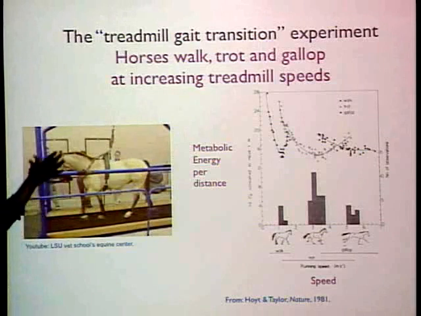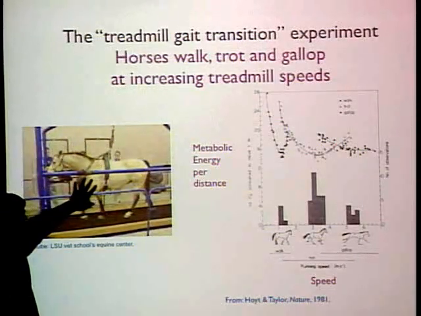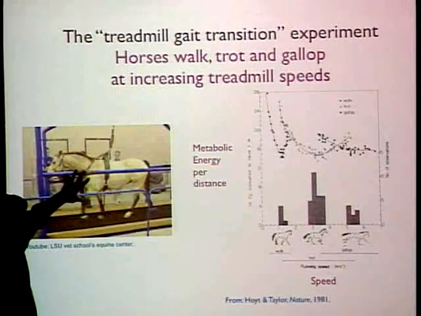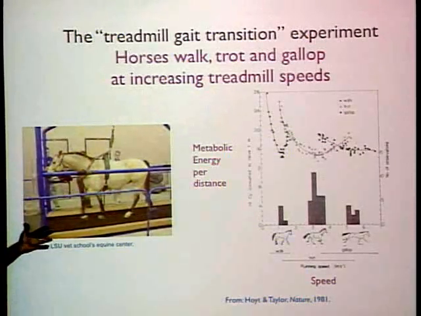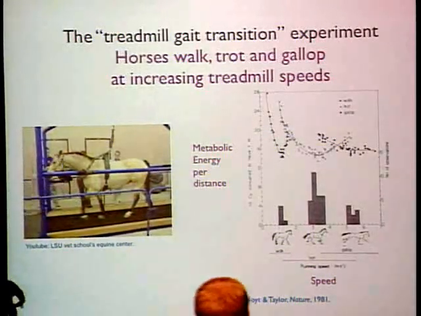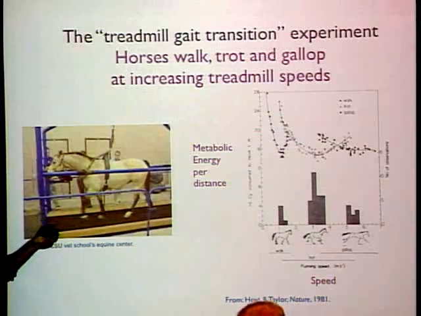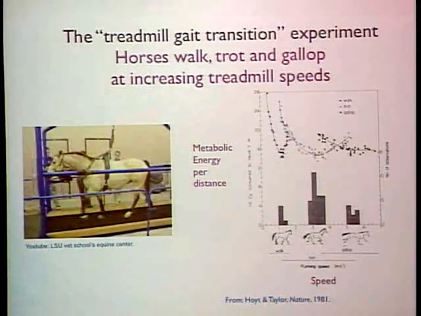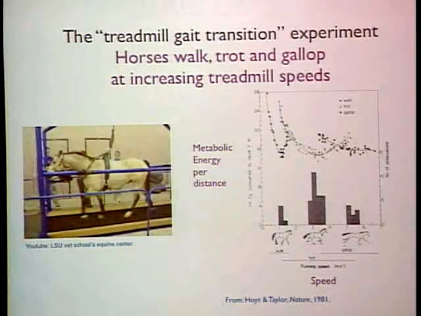So this treadmill gait transition experiment can be done not only for humans but also for horses. And this is an experiment in which they actually did it on horses. There's a treadmill, it's a big horse treadmill, and what you will see is the treadmill speed increasing very slowly, and then you will notice that the horse goes from one gait to another.